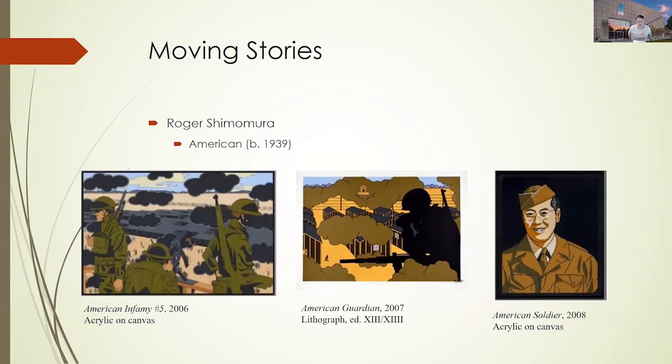So then he did this other series that also represents the internment camps as well as himself. And the two on the left, if you just were to look at them, you might think they were war scenes.